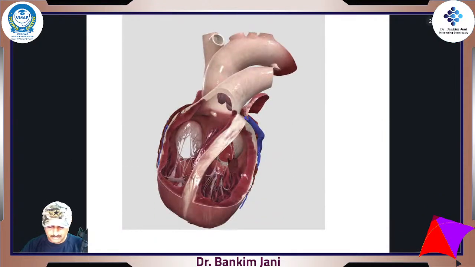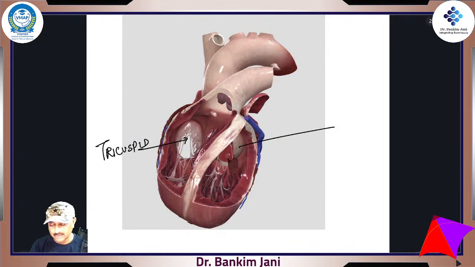Looking further, we have taken out the anterior wall. So now we are watching the right ventricle as well as the left ventricle, and that's where we see both valves together. This is our tricuspid valve, and this one is our mitral valve.